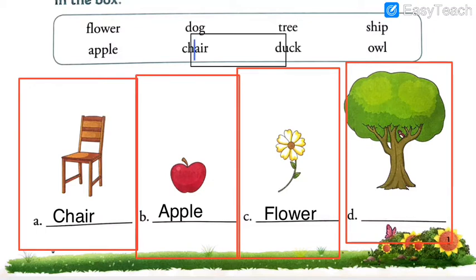So, tree is the correct answer. T-R-E-E, tree. We will write it down here. Congratulations, we have solved all the 4 pictures. Chair, an apple, a flower and a tree. I hope you have solved too in your books. So, if you have solved, let us move to the next page.